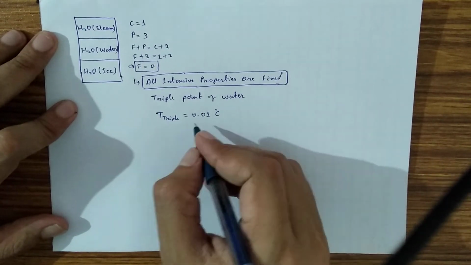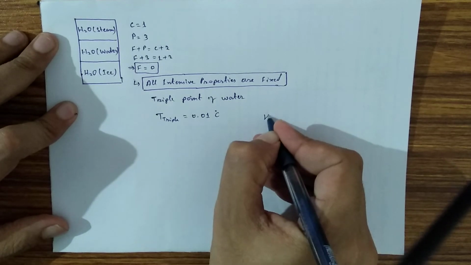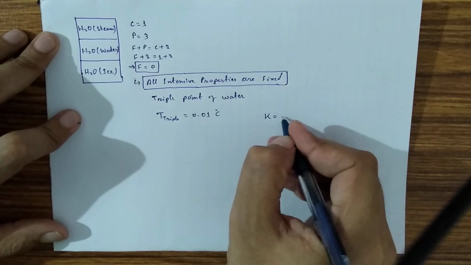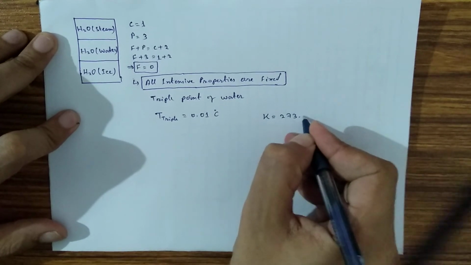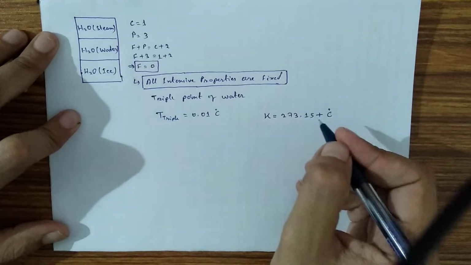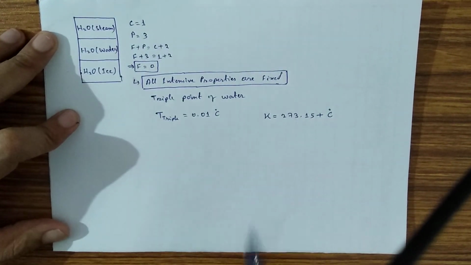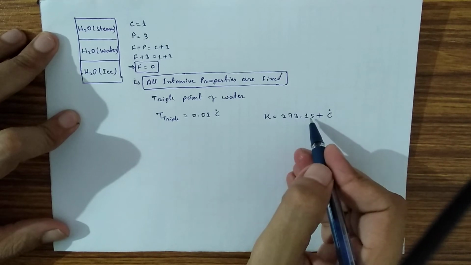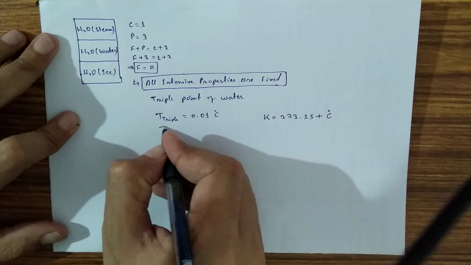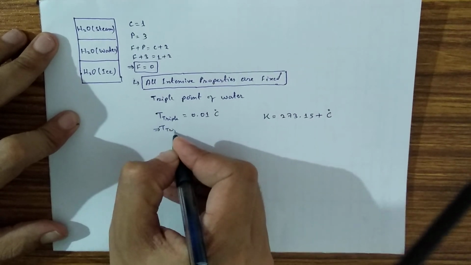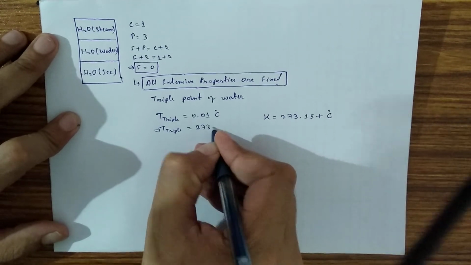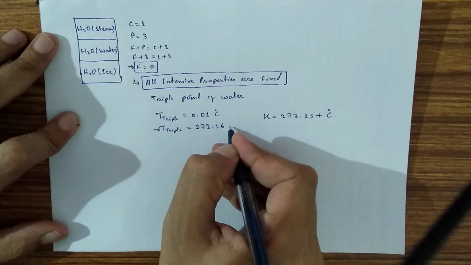If we want to convert this to Kelvin, this is the formula for conversion of temperature from degree centigrade to Kelvin. Kelvin equals 273.15 plus degree centigrade. So the temperature becomes 273.16 Kelvin.